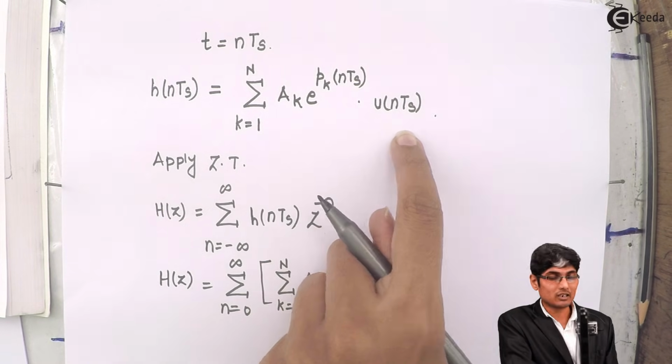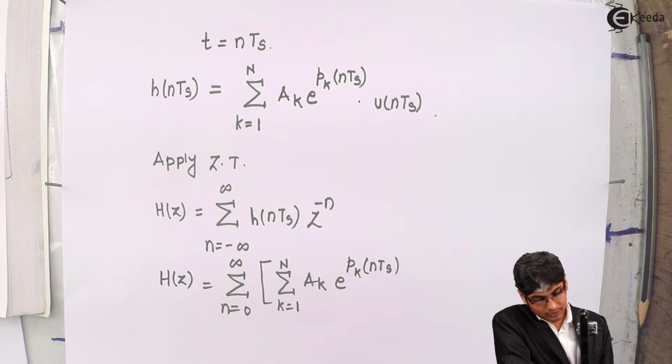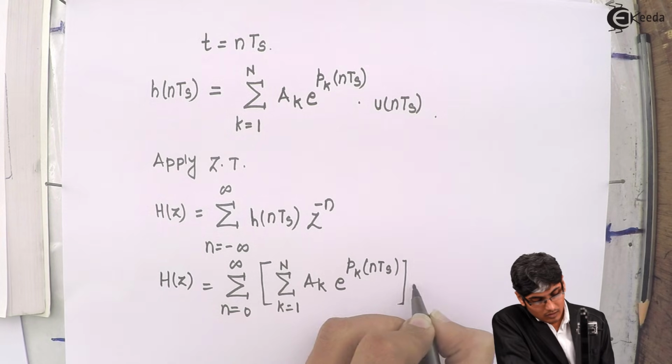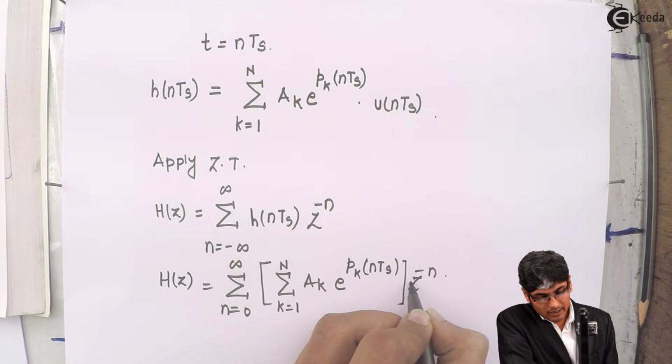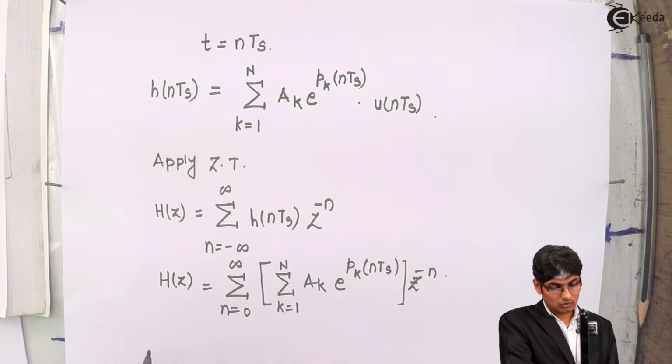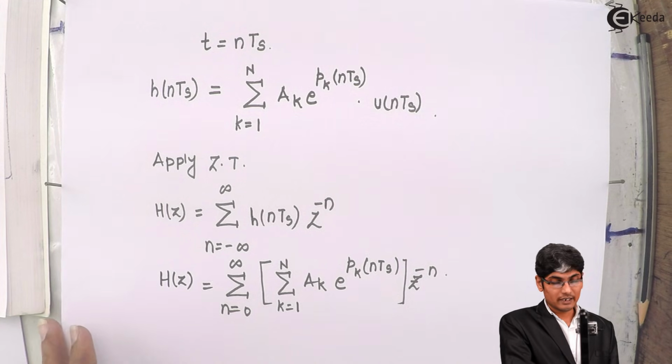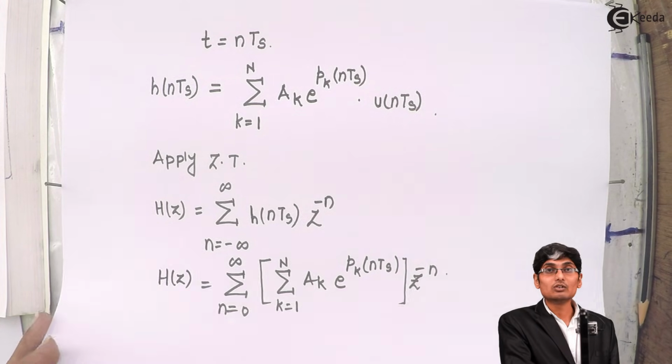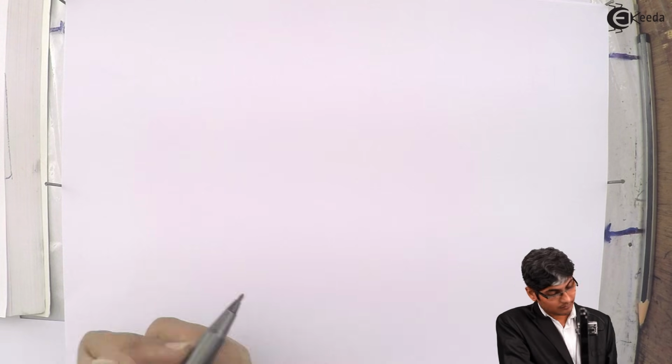The unit step value will be 1 in this range, so I'll not put that, into z raised to minus n. Now I can interchange the summations, because this summation runs on k and this summation runs on n, and they do not have any relation with each other, so I can interchange their positions.